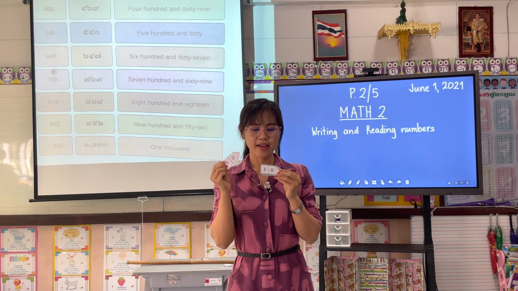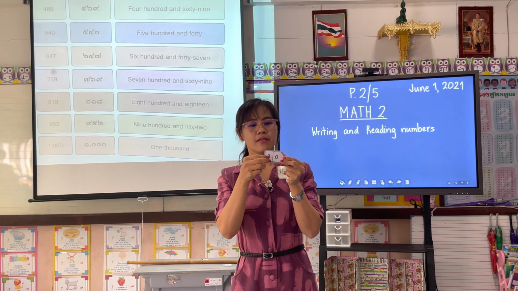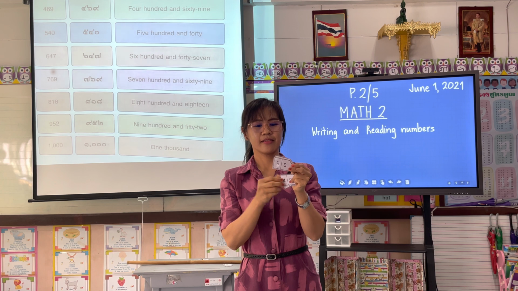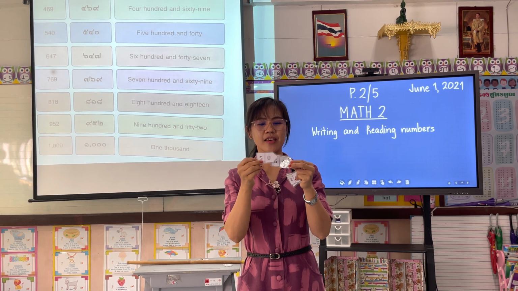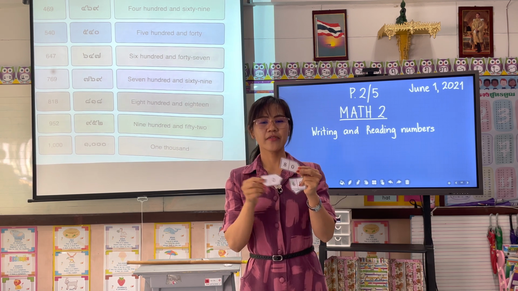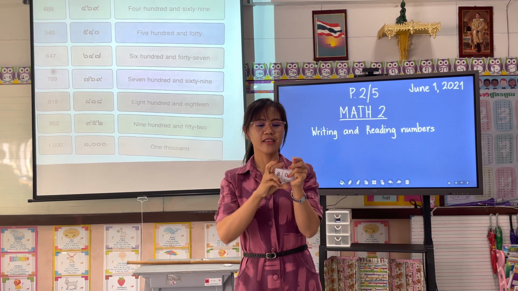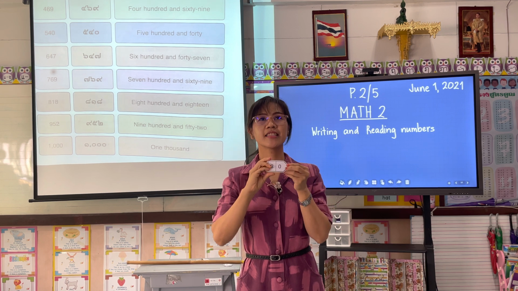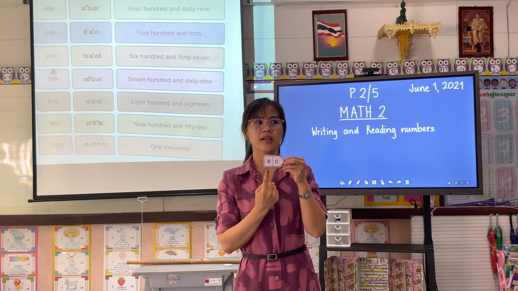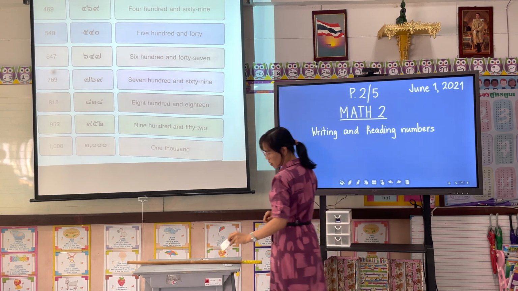So 10, 20, 30, 40, 50, 60, 70, 80, and 90. Alright? So that is counting by 10. So as we can see, there are 2 digits. The ones and the tens, the place value. We'll get to that later on.